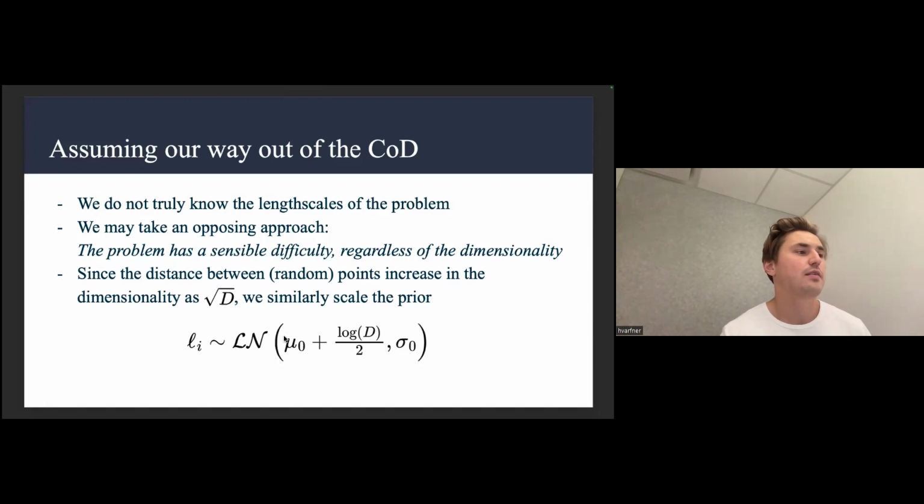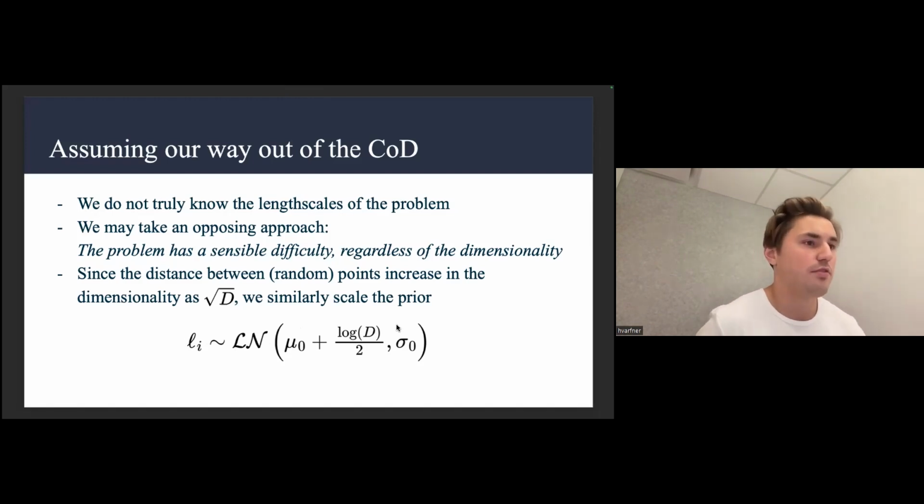Which means that we make this modification, saying that our length scales come from a distribution which scales with the square root of d. So as we increase the dimensionality, the relative distance that we traverse in each dimension decreases by square root of d.